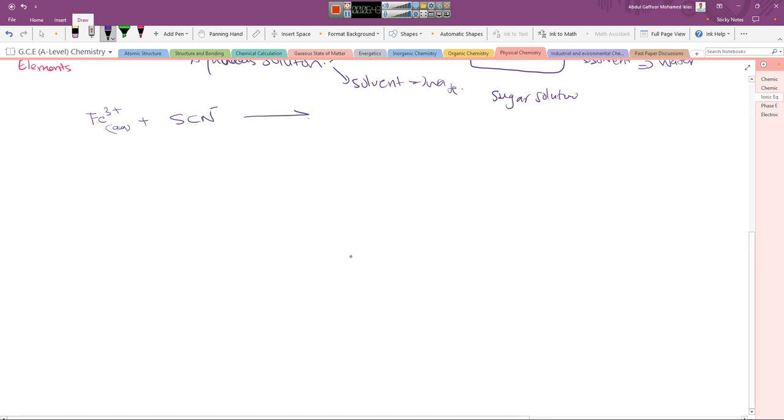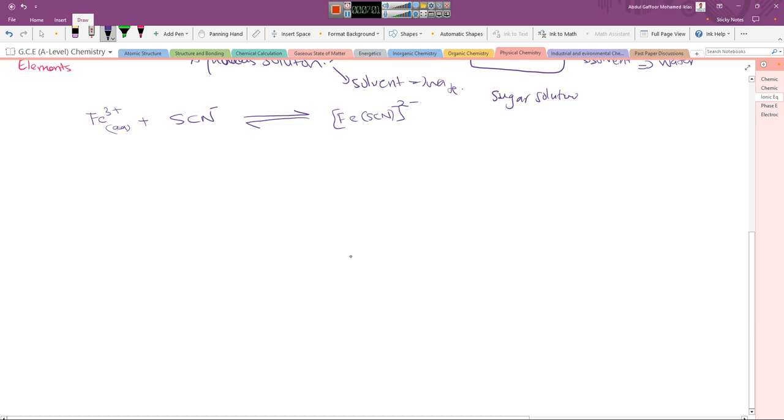So we will get a complex [Fe(SCN)]2+. So this will be a complex ion.